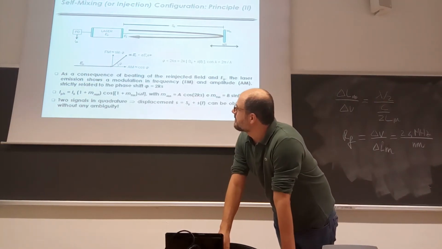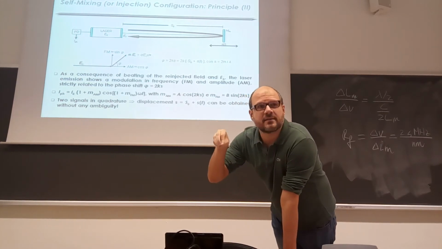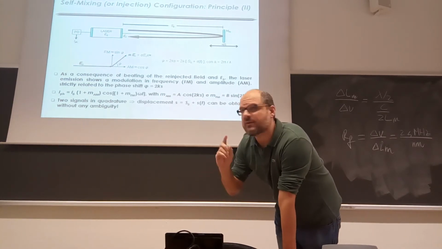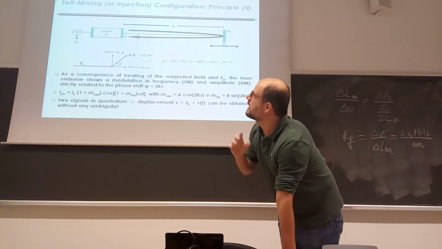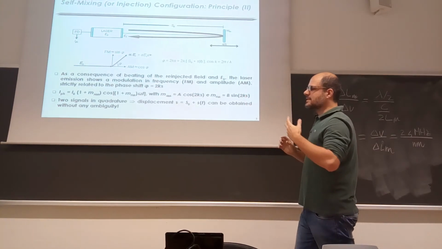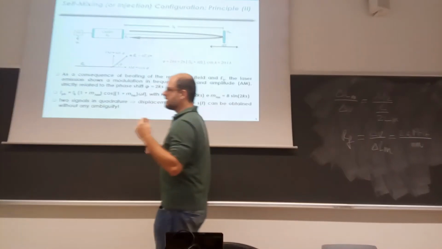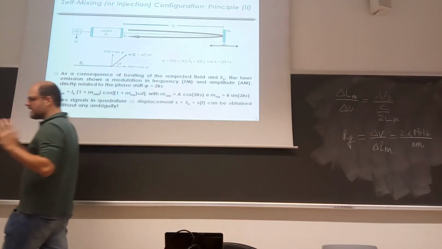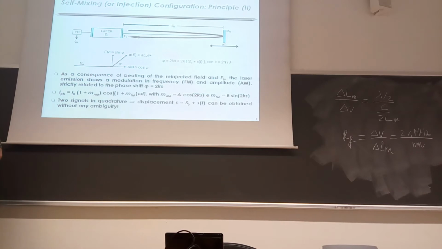This is simply related to what happens inside the cavity. Okay? And this is very important because I want to point it out immediately. What is the real meaning of having changed the way of emission of the laser? What does it really mean?